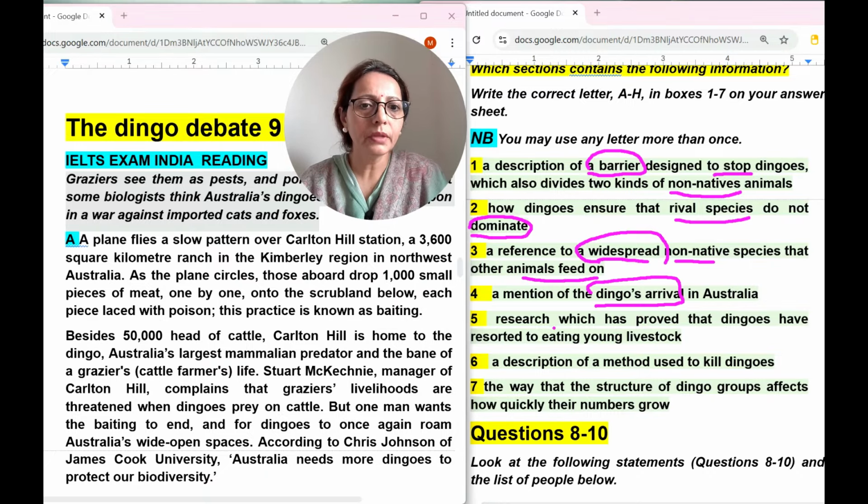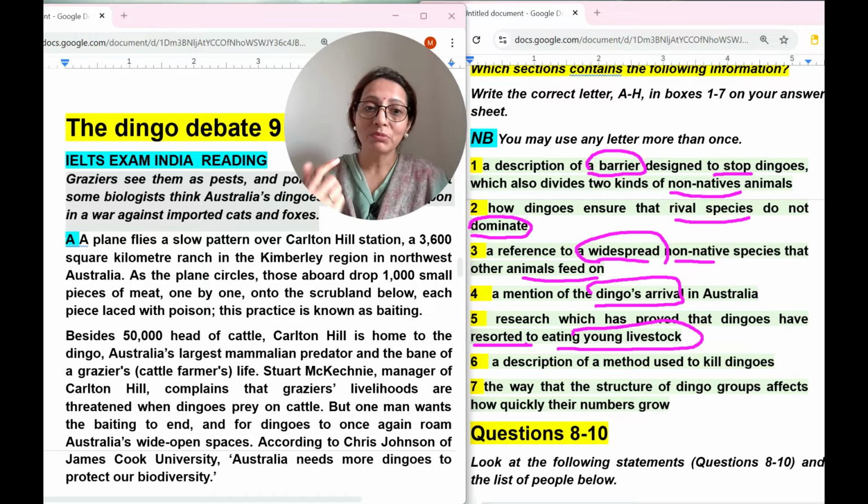Research which has proved that dingoes have resorted to eating young livestock. Now, many students may not know the word resorted, but try to understand the sentence. Read the sentence 2 3 times and definitely you will get some clue what they mean, because in the actual exam you will not get google.com.